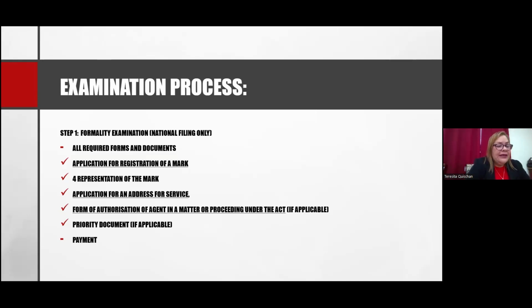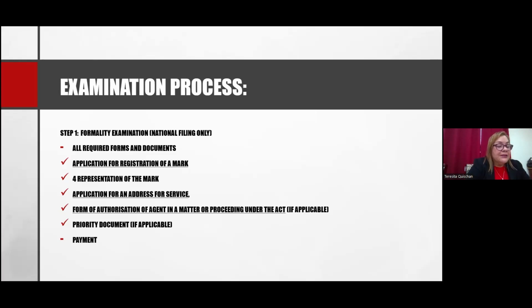Specifically, the examiner checks for the presence and correctness of an application for the registration of the mark, which must be clearly identified by the applicant. The goods and services claimed must also be included, along with a declaration of use or intention to use.